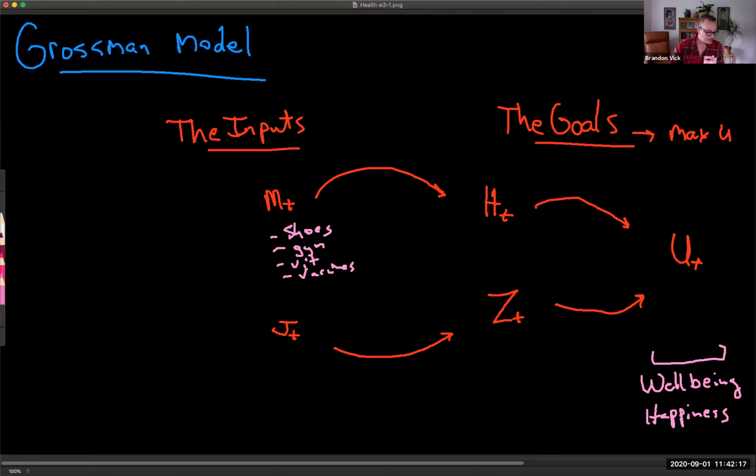The other important aspect, the other important input into all this stuff is the time that we have, T. Okay, the time we have at any given moment. Okay, time goes here in terms of time that we spend in health activities.